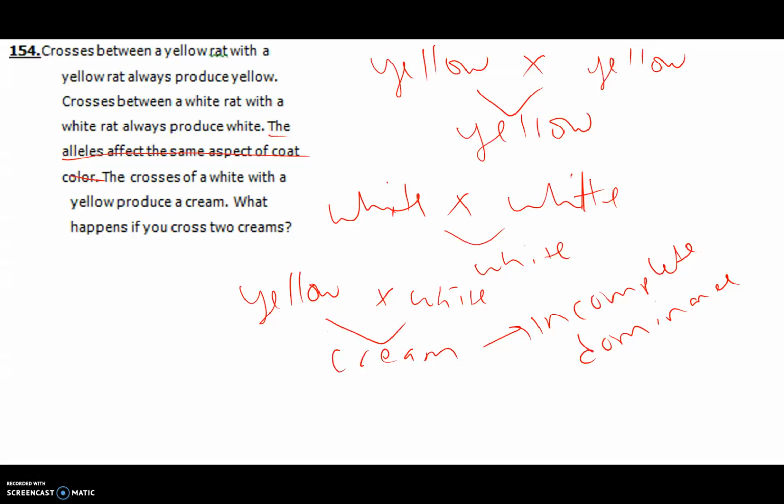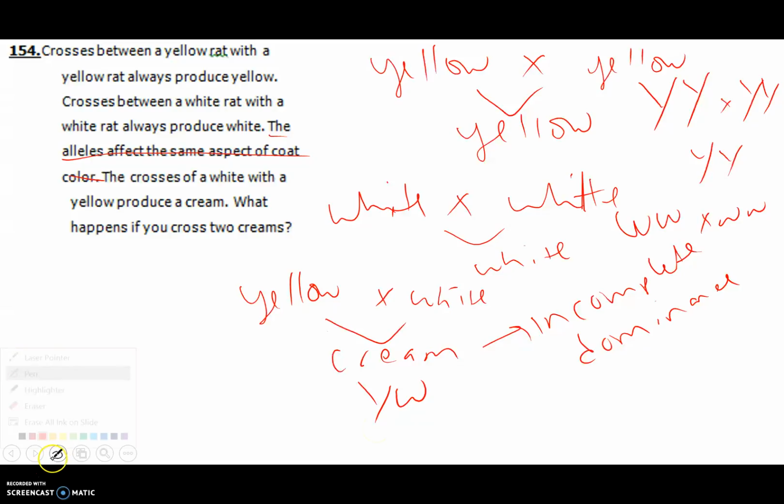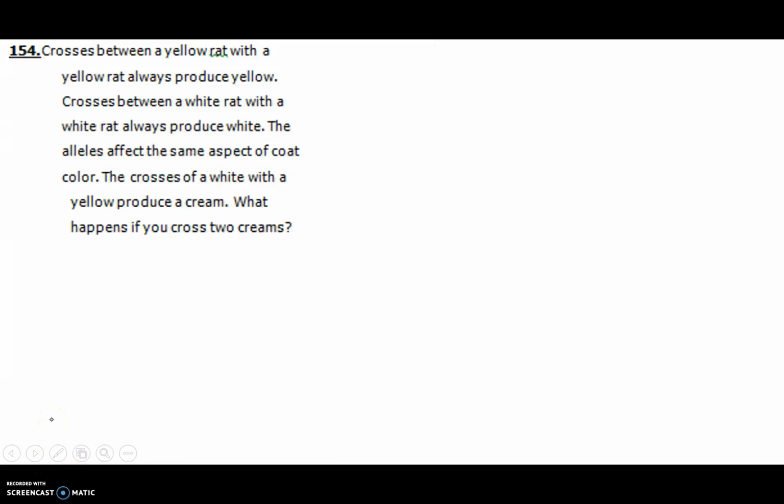So maybe we can put some letters up here. If yellow crossed with yellow always gives yellow, and white with white always gives white, well, when you have the heterozygote that has a yellow and a white, it's going to have a cream color. So when the question asks, what happens when you cross 2 cream-colored rats?